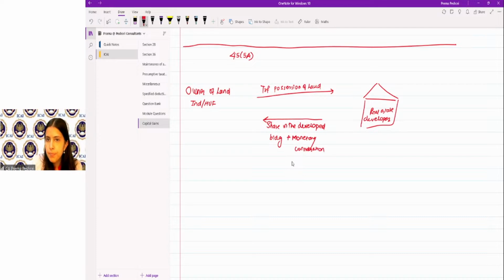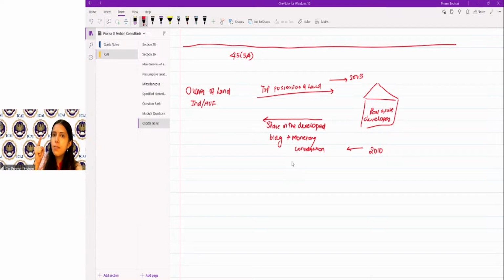Right? So let's say the transfer of the possession is happening in the year 2005. And let's say the share in the property comes up in 2010. So therefore, if I go by 45(1), then the taxability should have happened in 2005.